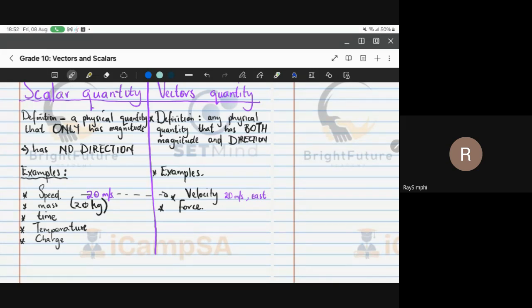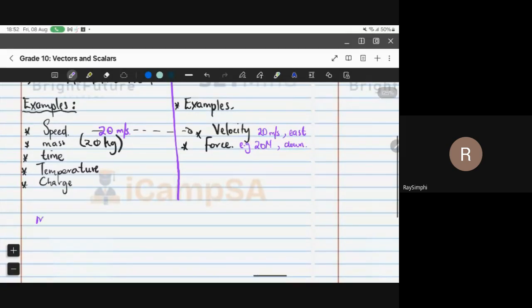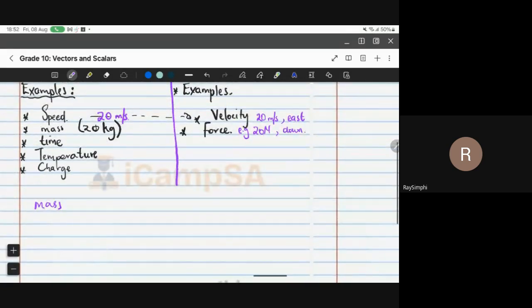Let's say usually 20 newtons downwards. Down. Right. So your weight is always pointing downwards, for instance. Right. So just a side note, just to make this fun. Mass, right? Since it's a scalar, you'd simply say 20 kilograms. But what about your weight? For you to find your weight, you'd have to take that mass and multiply it by the gravitational acceleration, which is 9.8.